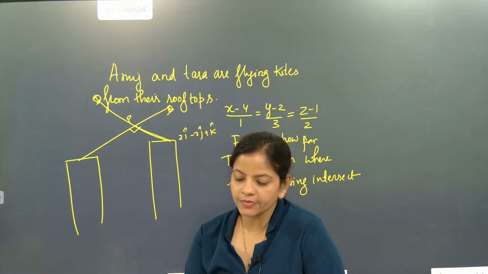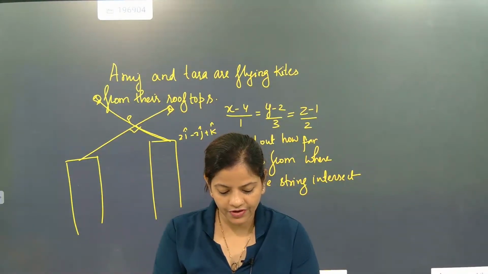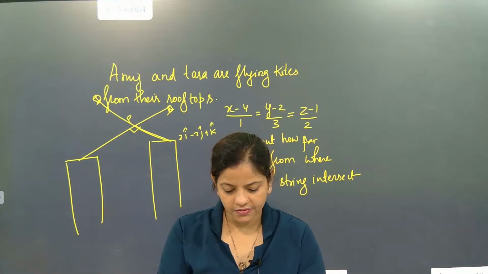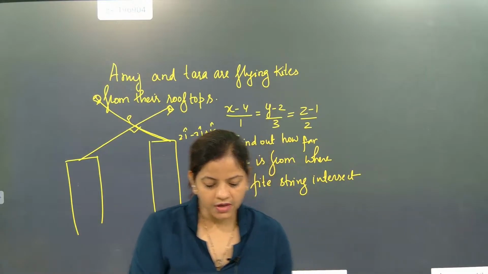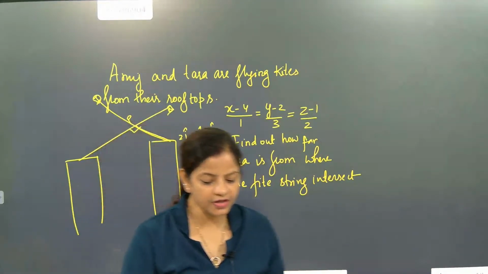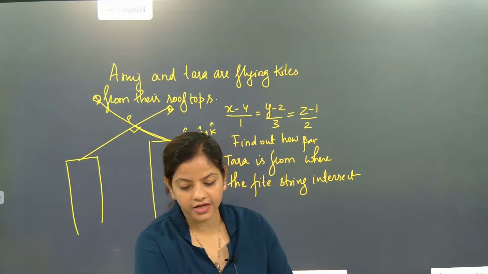So from the place of intersection only they are asking. Understood? From the place of intersection they are asking. So how far is it exactly going to be?